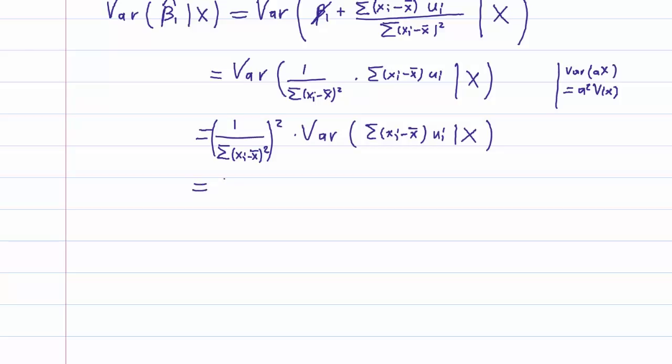So this is equal to 1 over the sum of (xi minus x bar) squared, times the sum of the variances of (xi minus x bar) ui conditional on x.